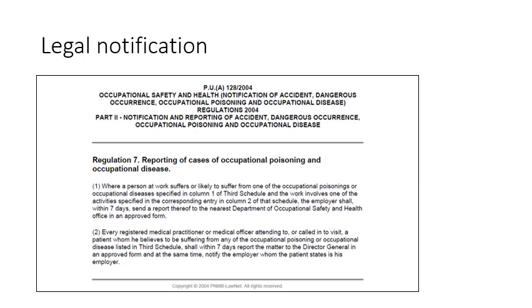In most countries, an occupational physician is required by national law to notify the relevant authority when he diagnoses an occupational disease. In the context of Malaysia, any occupational disease is notifiable by law under the provision of Occupational Safety and Health (Notification of Accident, Dangerous Occurrence, Occupational Poisoning, and Occupational Disease) Regulations 2004.